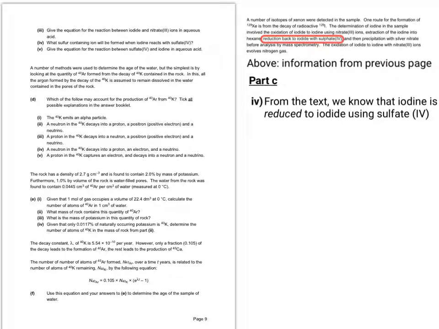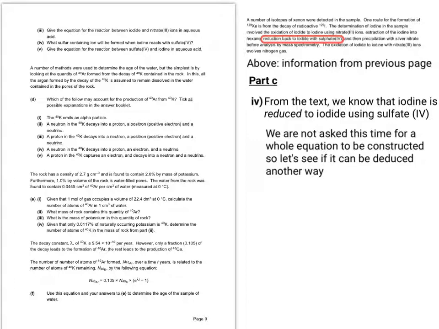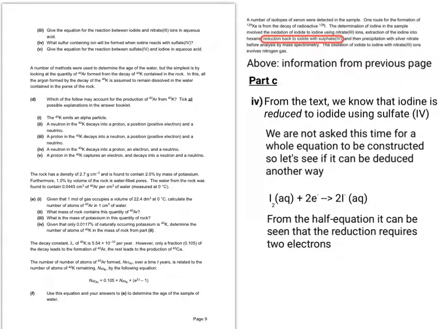So from the text we know that iodine is reduced to iodide using sulfate 4 ions. So we're not being asked for an equation, it's just asking what sulfur containing ion will be formed. So if we draw out the half equation for the reduction they're talking about, you can see that the reduction requires 2 electrons.